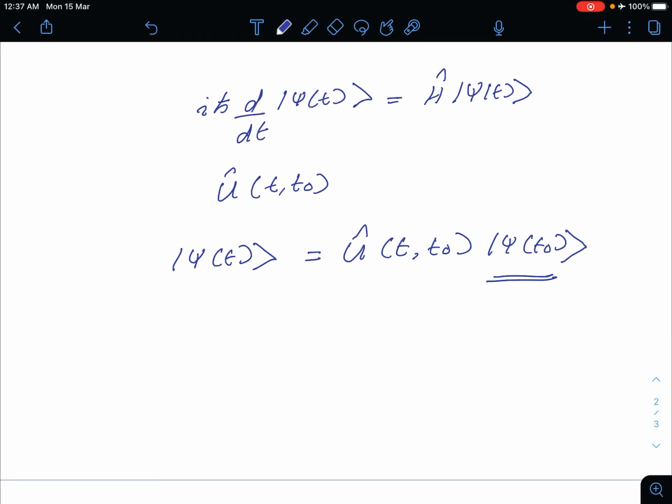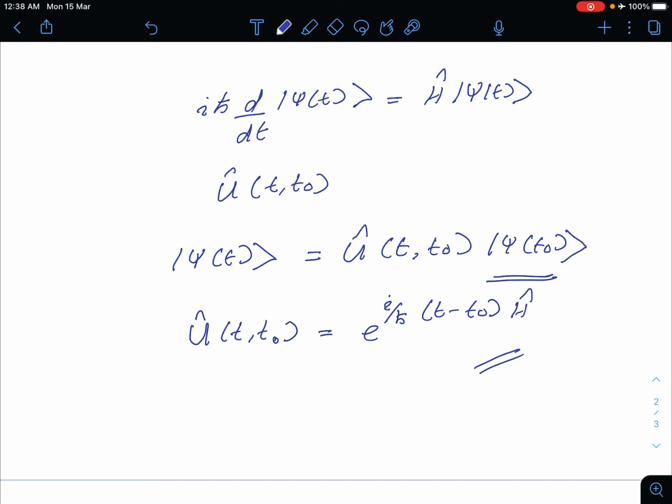Now the time evolution operator, sometimes capital U or sometimes small u is used. I'll be using the small letter u. So u of t, t0 is equal to e raised to minus i by h cross, t minus t0, h cap.